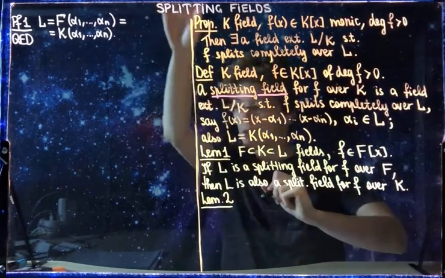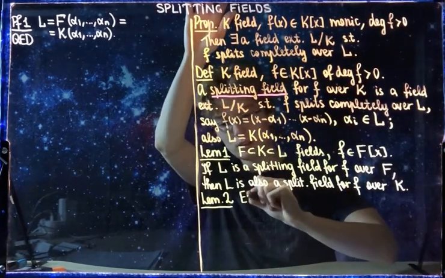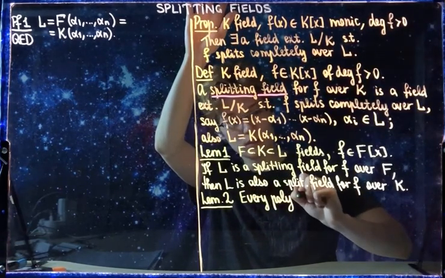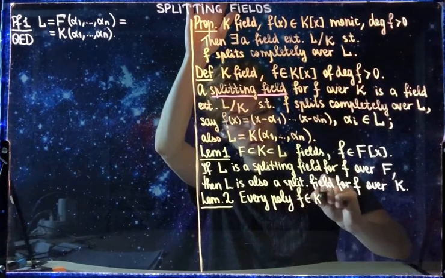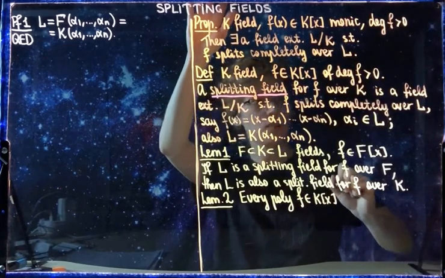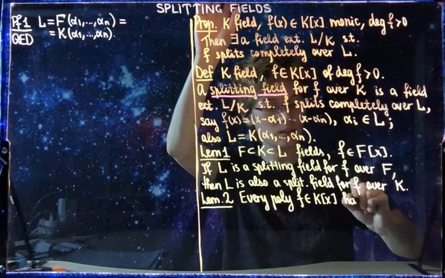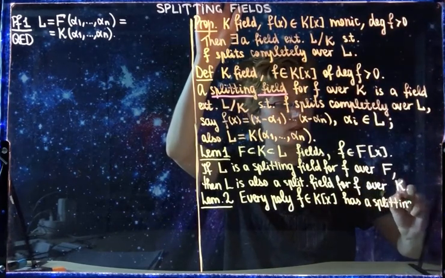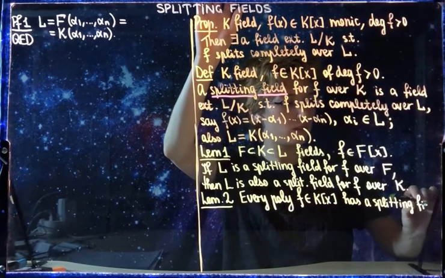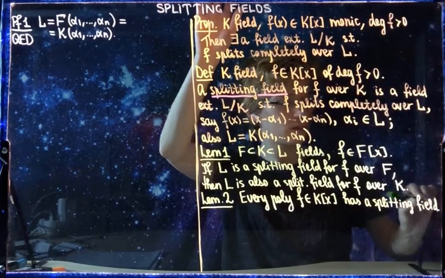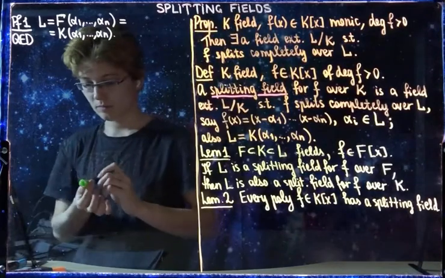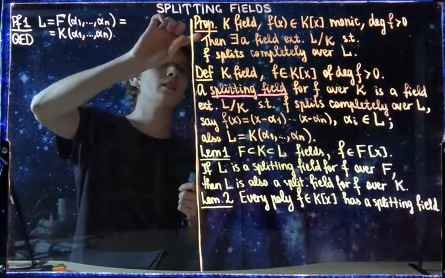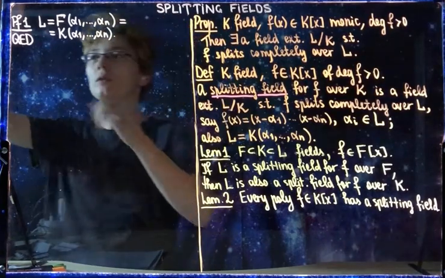Lemma number 2 says that every polynomial F in K adjoin X of positive degree has a splitting field. And the essential part of the proof was done when we proved this proposition.